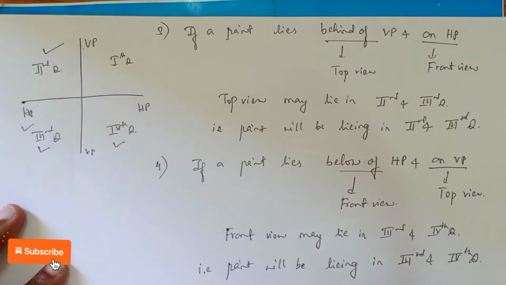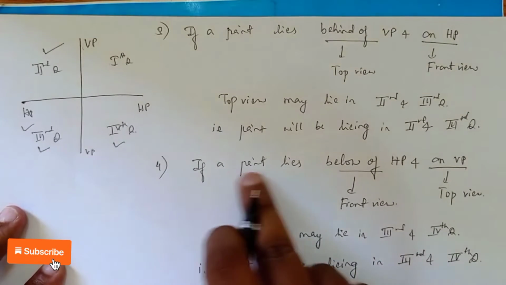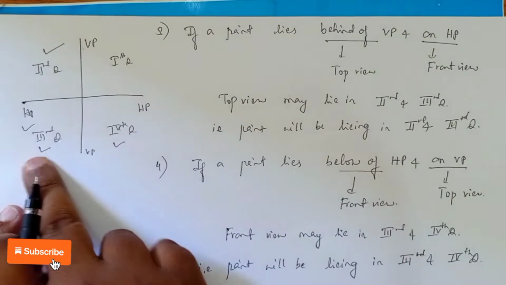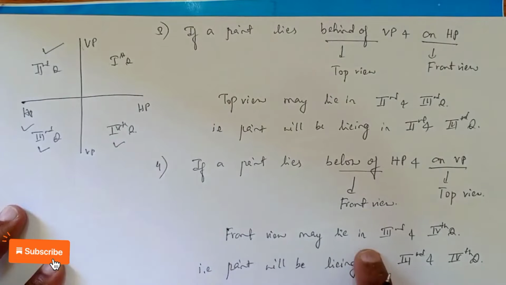So if a point lies below HP and on VP, below HP means two chances, third and fourth quadrant. So the front view may lie in third and fourth, that is finally the point will be lying in third and fourth quadrant.